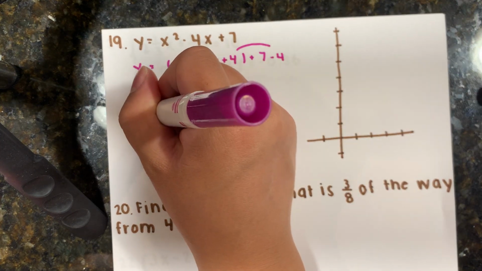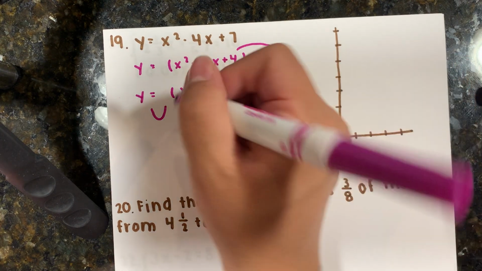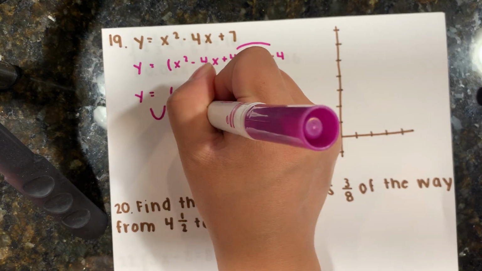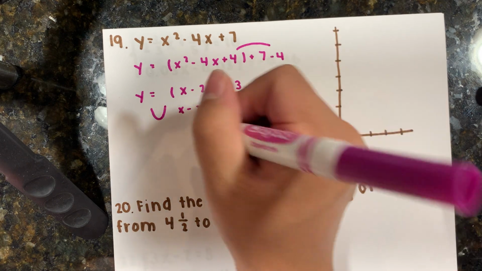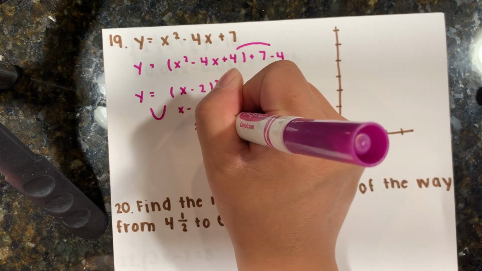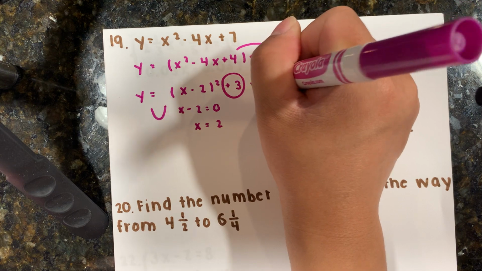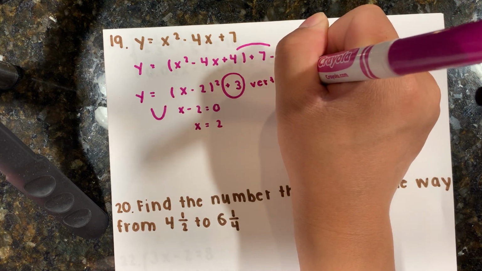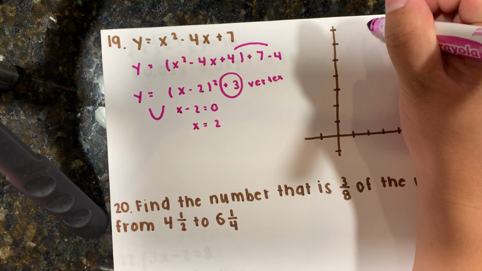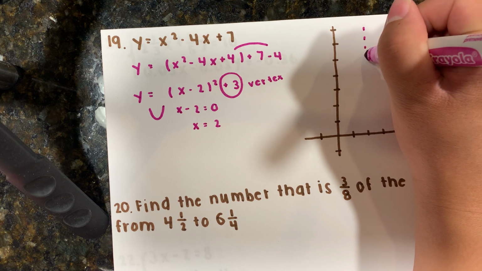This positive side means it's going to face up. I'm going to set x minus 2 equal to 0 to find my axis of symmetry, which will be at x is equal to 2. And plus 3 is going to be the vertex. So at positive 2, I am going to have a dotted line.